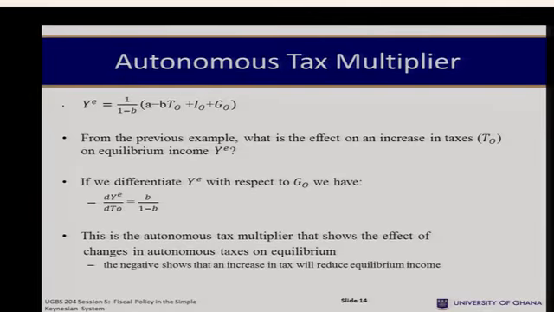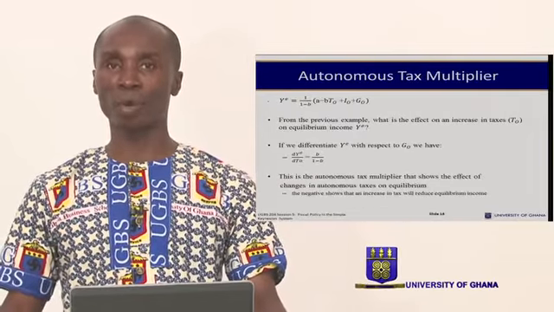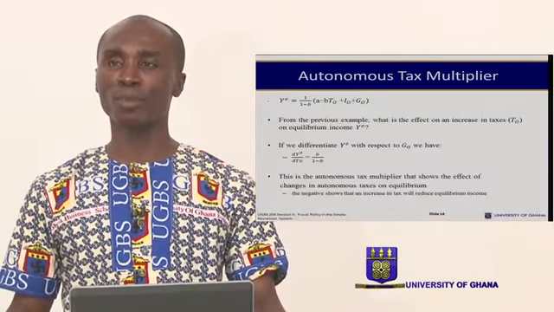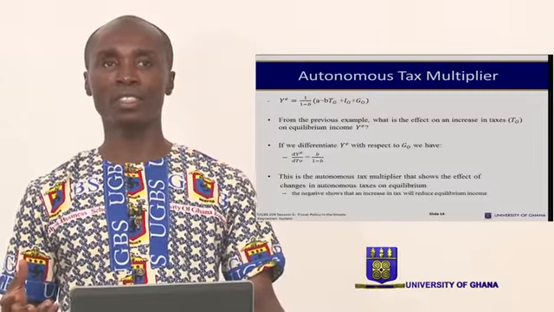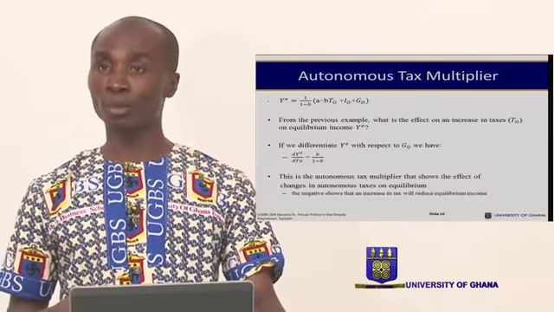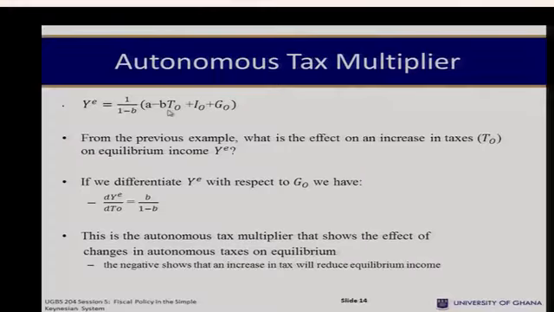Now we are also going to introduce a similar concept called the autonomous tax multiplier. The autonomous tax multiplier measures the response of equilibrium income to a change in autonomous taxes. Note that if you recall this equilibrium equation here, we've said that A0, I0, and G0 are the autonomous expenditure components. Now, when there is a change in T0, the effect on equilibrium income is going to be a multiple.